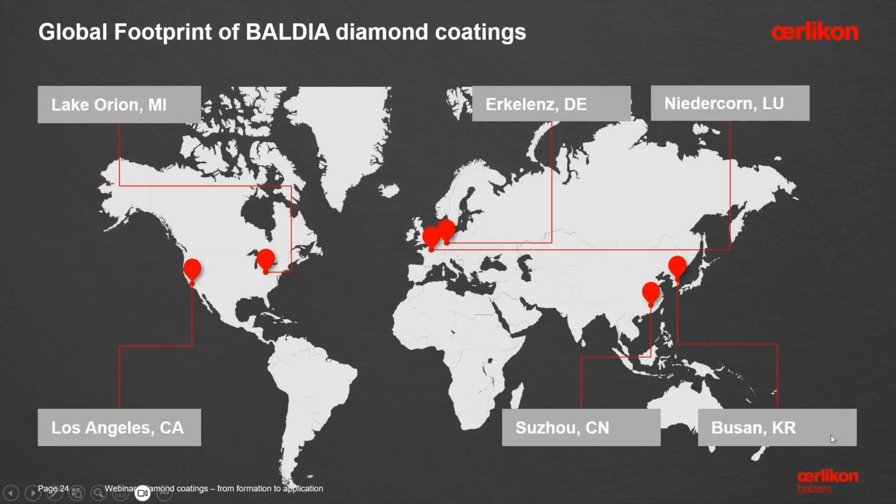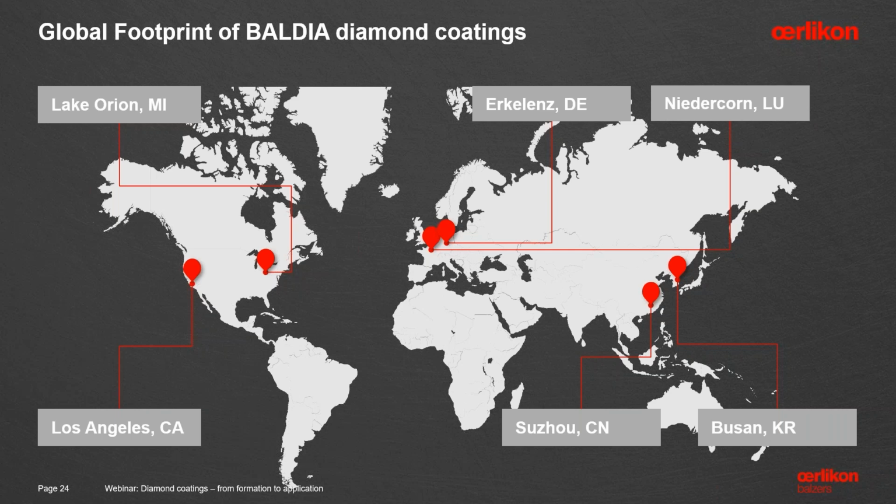In all these cases, as a global company, we have spread it quite evenly in the 3 big industrial regions worldwide. So this capability is in the US, in Michigan and California, well located centrally in Europe, in Germany and Luxembourg, and in Asia, in Korea, and recently we extended out of Suzhou in China.